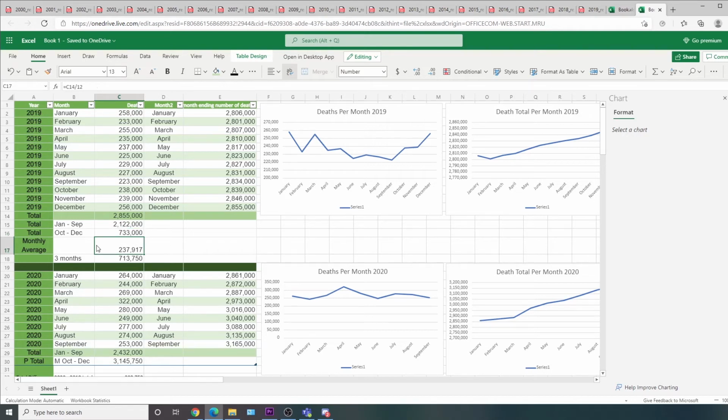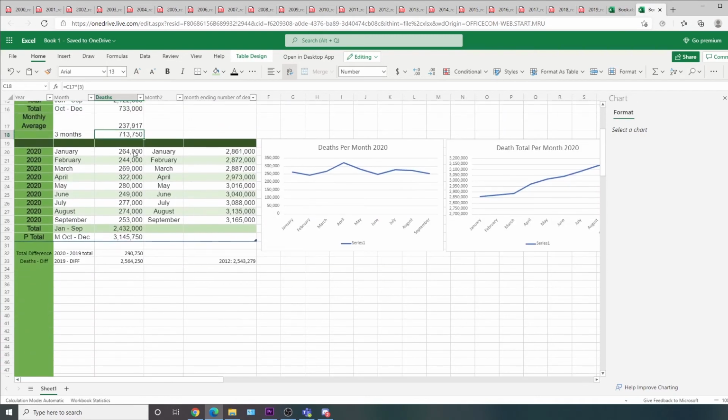So I took my monthly average, times it by 3, and I got about 713,000. So not too off, even though as you can see there is a rise in deaths per month. It's nothing too crazy compared to the beginning of 2019 and towards the end of 2019. So it goes up and then down, then up again. So I used that average to compensate for the missing data.